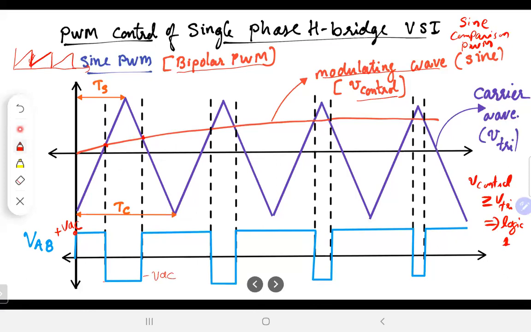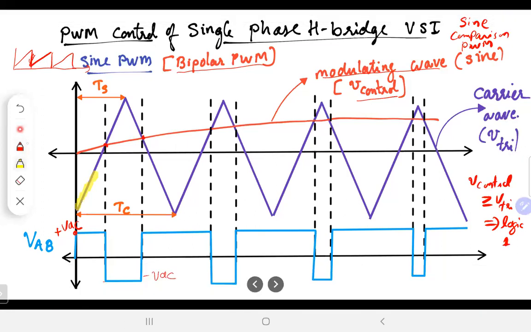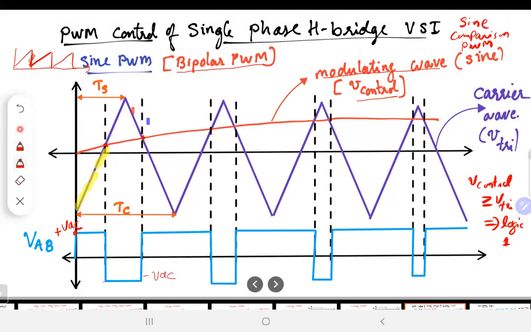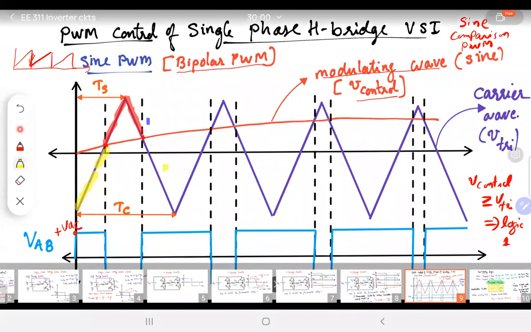All right, let's look at the situation here. In this region, let me highlight it, I see that the triangle is smaller than the sine, and therefore VAB is plus VDC. In the other region, the triangle is larger than the sinusoid, and therefore we choose it to be negative.